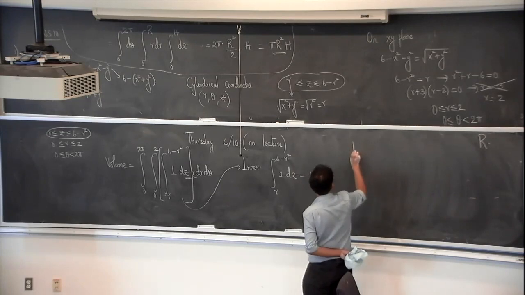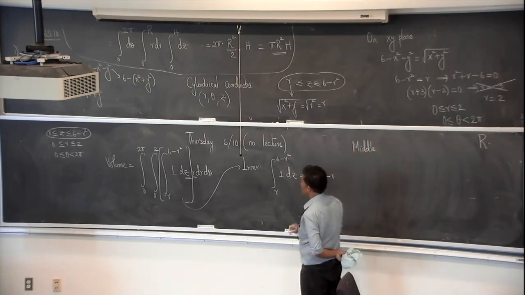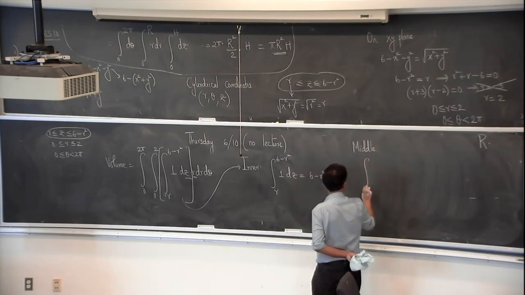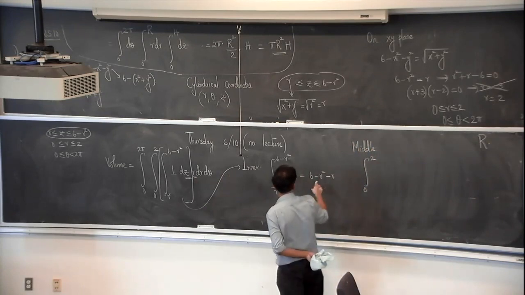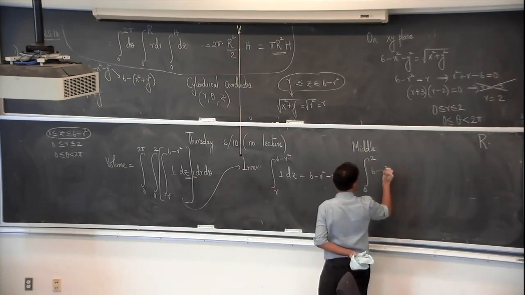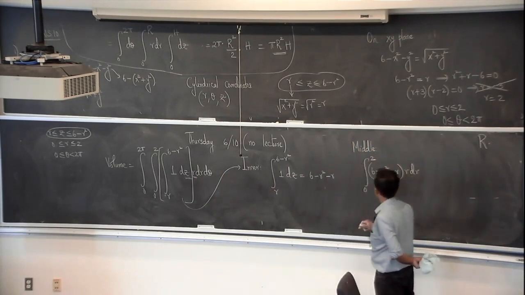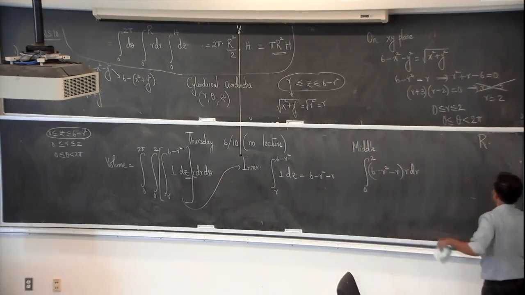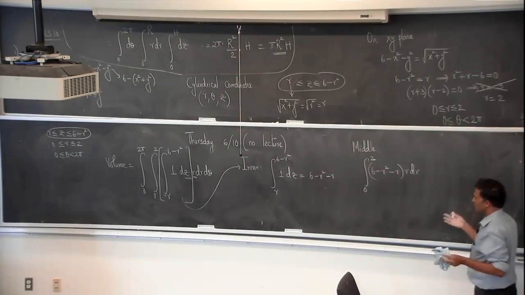So next, the middle integral. That's going to be the integral from 0 to 2, and that's where you have to be careful to include this r. So it's going to be 6 minus r square minus r times r dr. The outer integral is just 2 pi anyway.